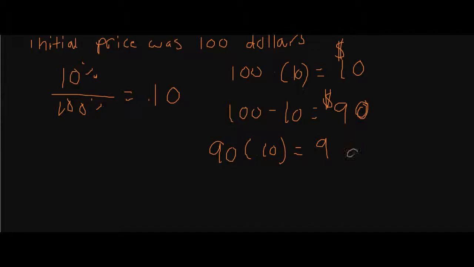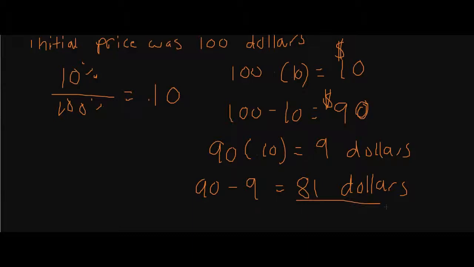So we're losing $9. Alright? Therefore, we're going to get 90 minus $9, and we're going to get $81. So we know that after 2 years, the jersey is only going to be worth $81.